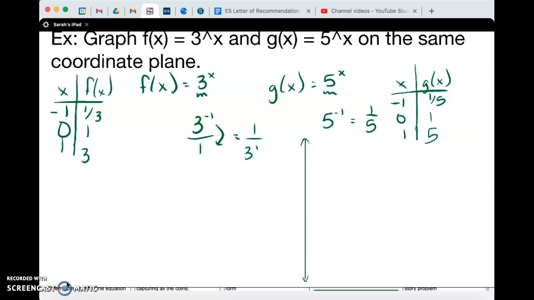Where are my asymptotes located? Okay. So graphing f of x first. So these graphs will look really similar. It's g of x that should be increasing a little more sharply.